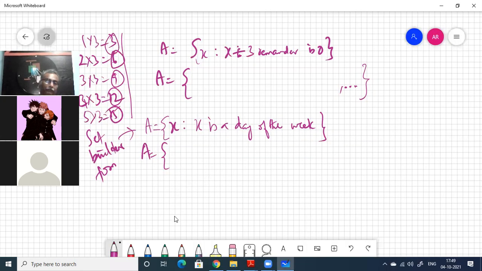You try. Set of all -3, -2, -1, everything that is written in tabular form, roster form, you write in set builder form.